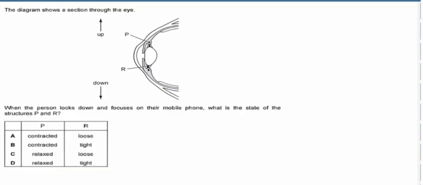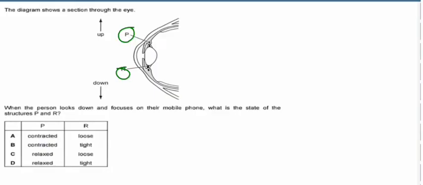The diagram shows a section through the eye. So we have up and down. We have P, which is called the ciliary muscle, then R, which is called the suspensory ligament. Now, when the person looks down and focuses on their mobile phone, what is the state of the structures P and R?